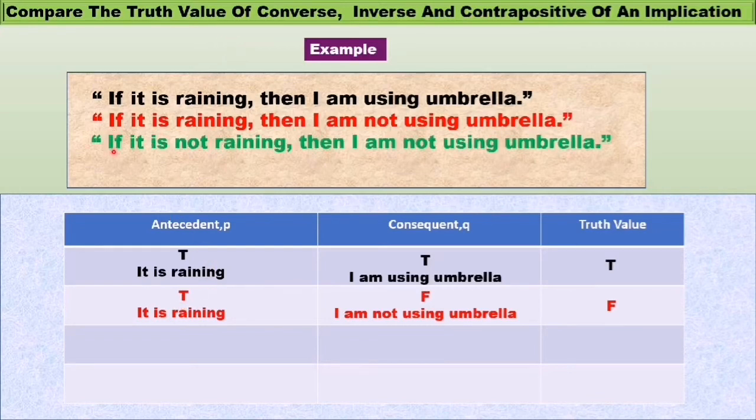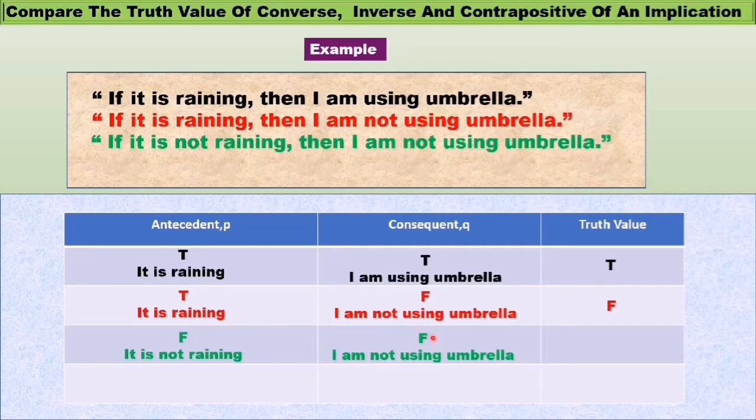The next sentence, if it is not raining, then I'm not using umbrella. It is not raining is false. I'm not using umbrella, false also. I base on the first sentence here. I promise if it is raining, I'm using umbrella. So now this is the opposite of the true. So not raining, so false.